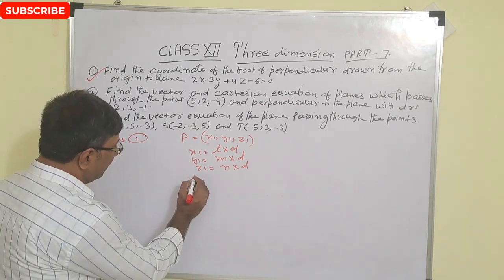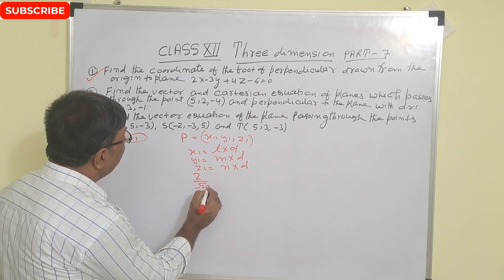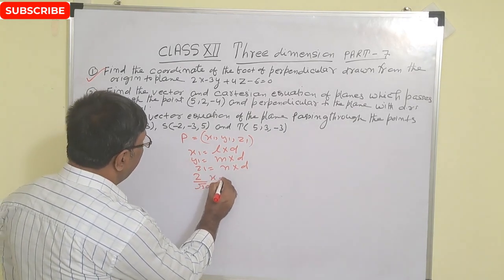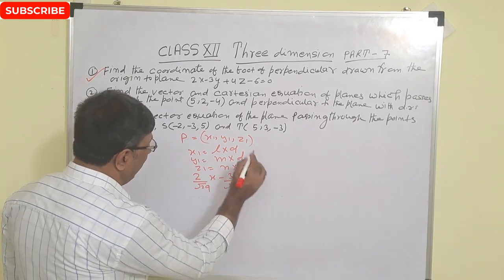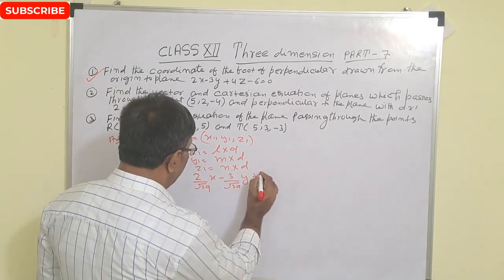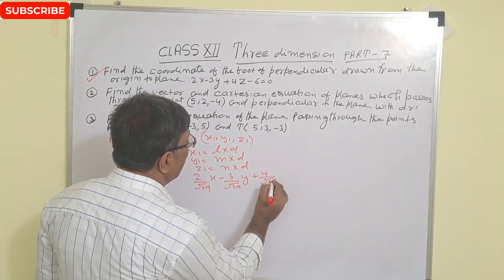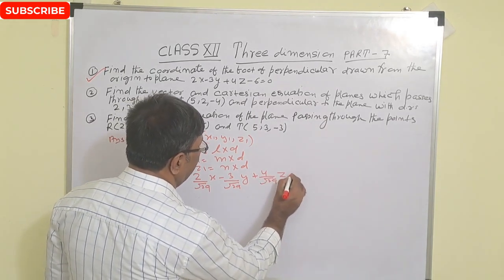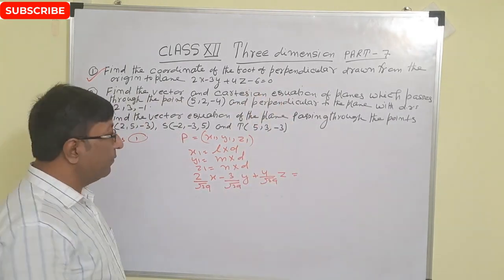So this is 2 upon root 29 x minus 3 upon root 29 y plus 4 upon root 29 z equal to minus 6. When it goes to the right side, it becomes positive.